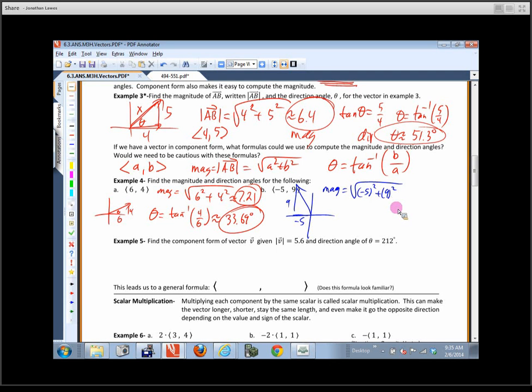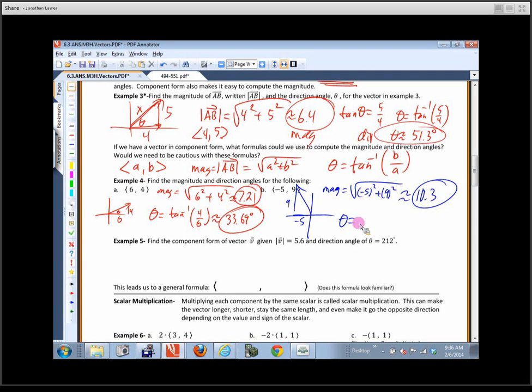Does the negative mess anything up here? Why not? Because it's squared, right? So we get 25 plus 81, so 106. Square root of 106, roughly 10.3. So the magnitude is roughly 10.3 on that one.